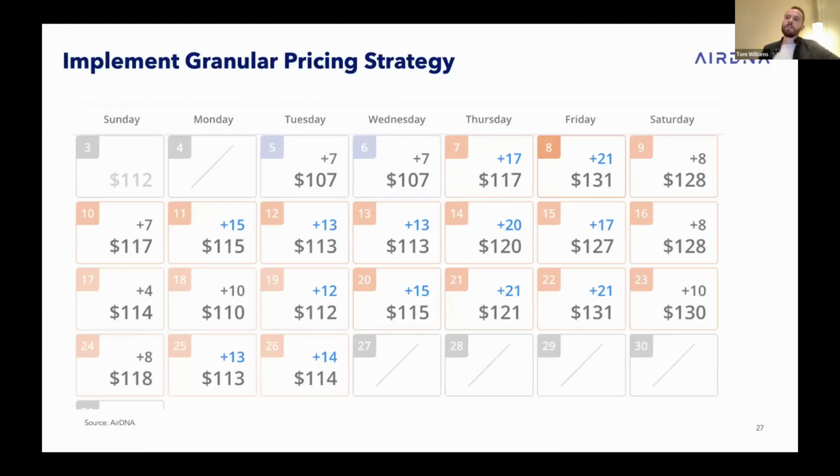So first of all, get granular with your pricing. This is pulled from our MarketMiner tool. Our smart rates give daily pricing recommendations based on key factors in your market and your property specifically. It updates daily based on market change and seasonal changes, which gives you a bit of a window into how your competitors price going forward in your market.